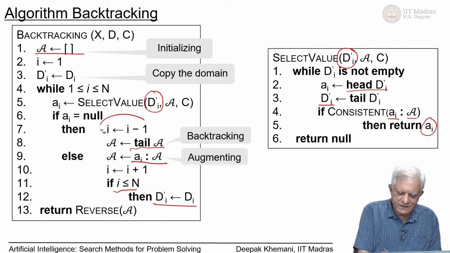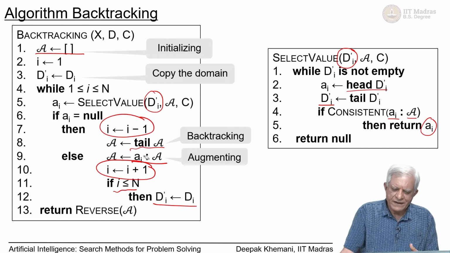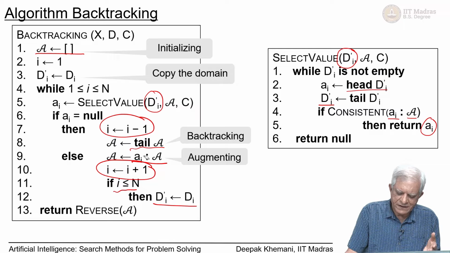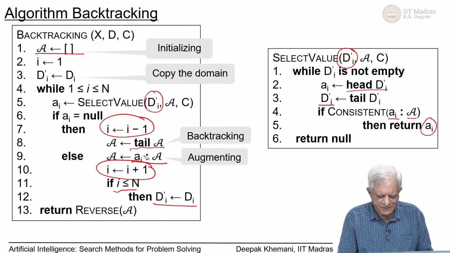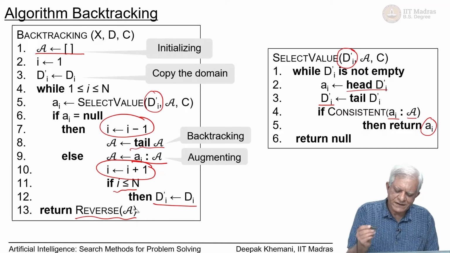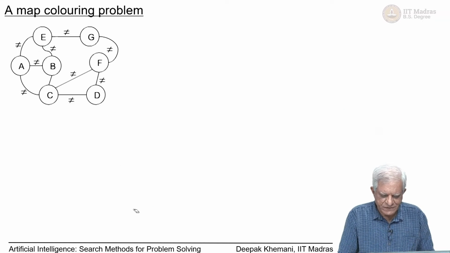In one place we are decrementing i, in another we are incrementing i, and the while loop says that as long as i is between 1 and n, you do whatever we are doing here. If it becomes less than 1, the assignment would naturally have become empty and we would return that empty. If it has become more than n, we would have found a solution and we would return that solution here. We would only reverse it just to say that this is the first variable, second variable, and so on. It was constructed in the reverse order.